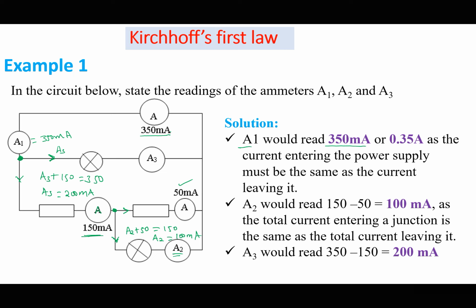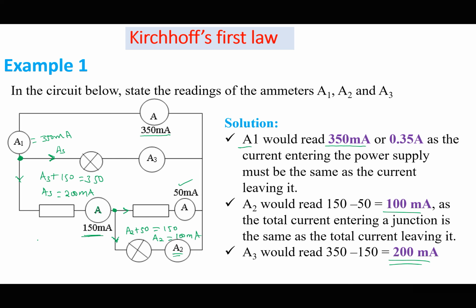A2 is 100 milliamperes, as the total current should be 150. And A3 is 350 minus 150, because the total current should be 350. So this is how we use Kirchhoff's first law to find these currents.